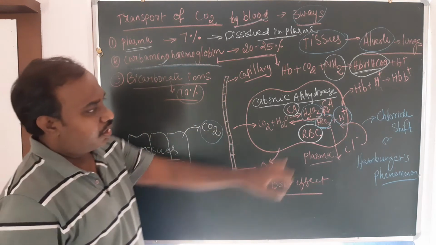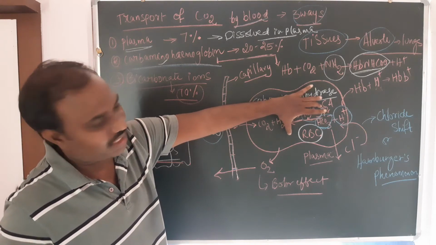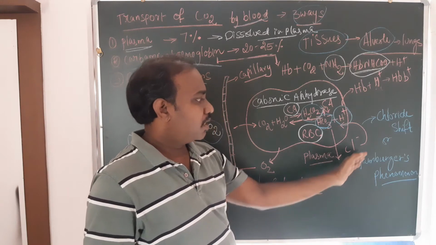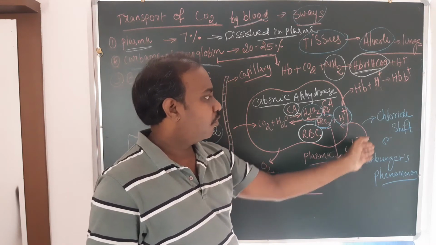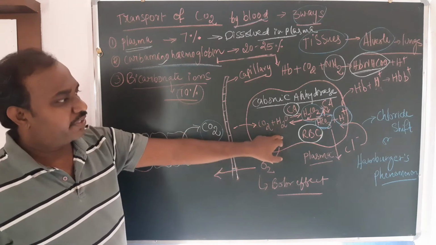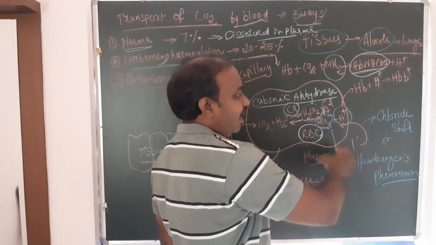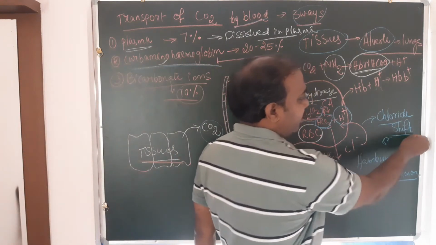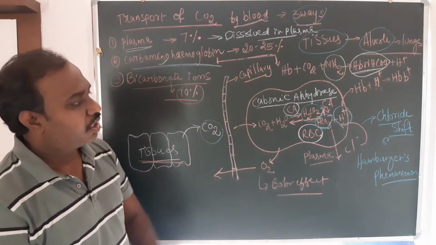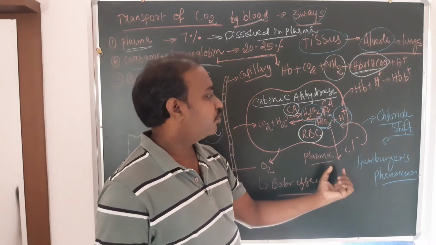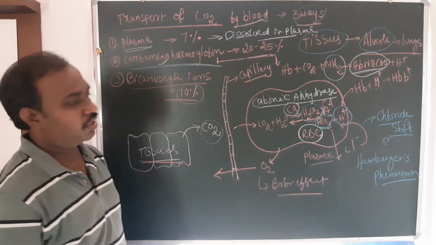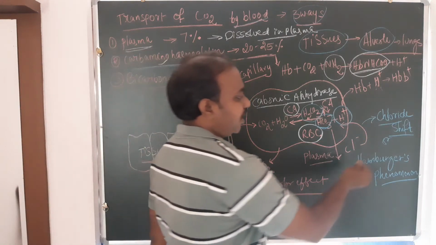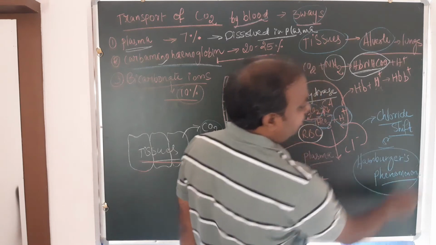The shift of these two different ions, HCO3 with the chloride, is called the chloride shift, or the same thing is referred to as Hamburger's phenomenon.